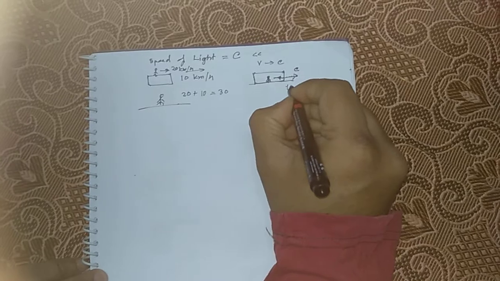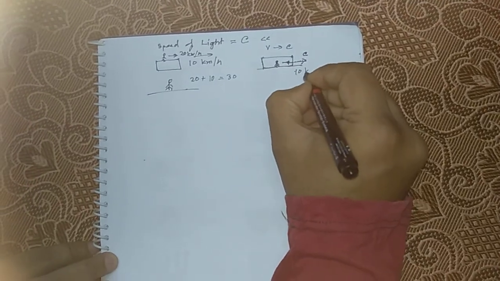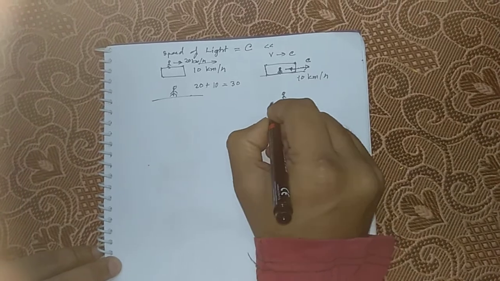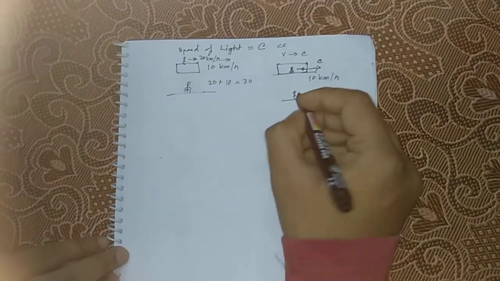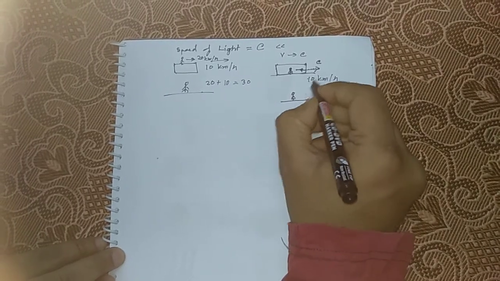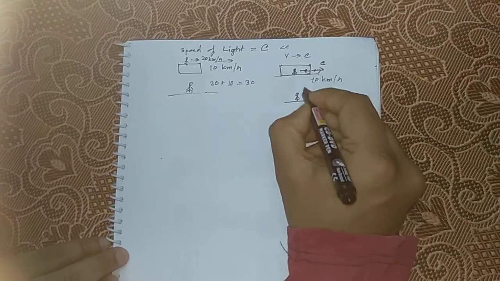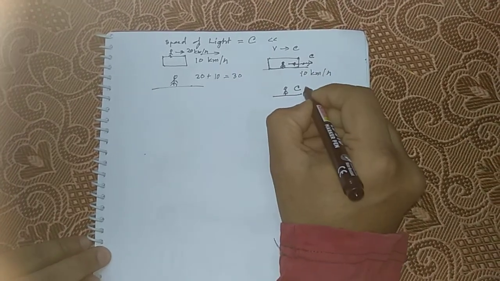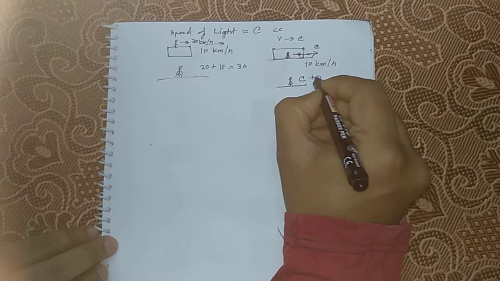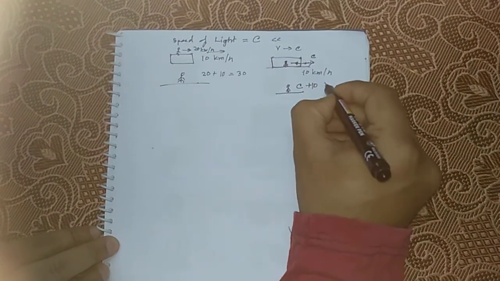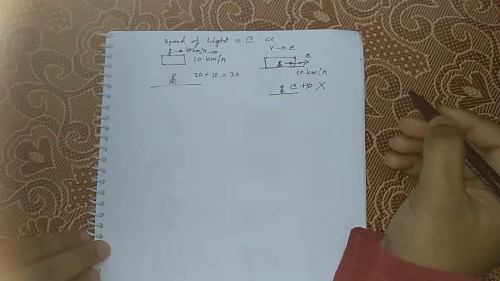The train moves with 10 kilometer per hour and I am stationary beside the platform. I would see the photon's velocity as c plus 10 kilometer per hour. Is that correct? No, this concept is wrong.